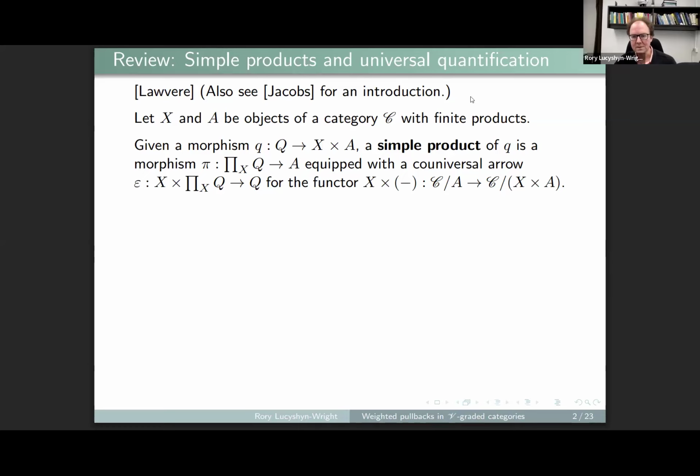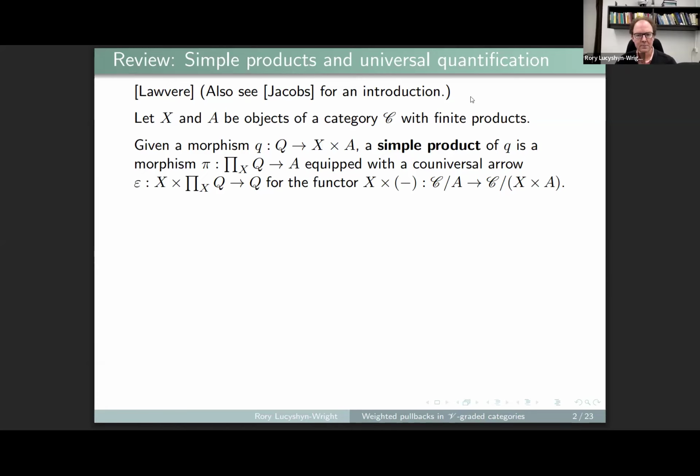It's the functor from the slice category C over A to the slice category C over the product, X times A. And this functor is given by just taking the product with X. So we want to ask for a co-universal arrow for that.